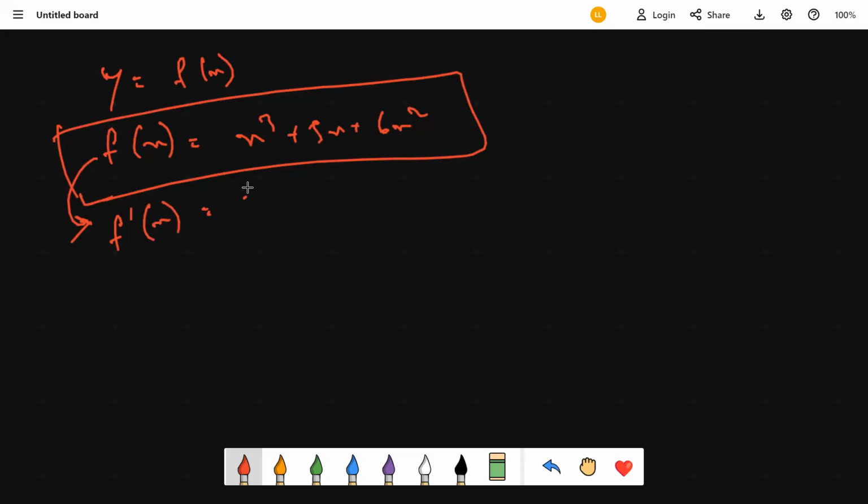So f prime of x, or the differentiated value of this equation: the power is going to be brought in the front.